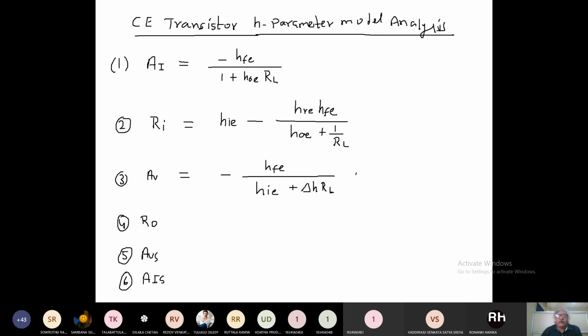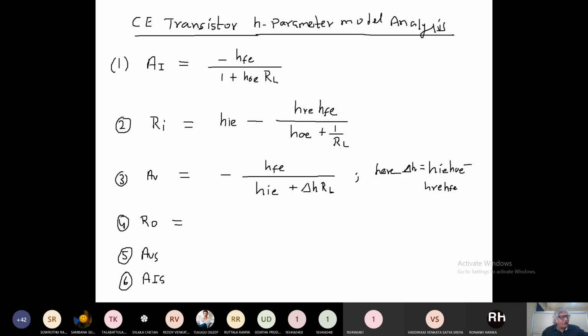And here delta H is equal to HIE HOE minus HRE HFE, right?